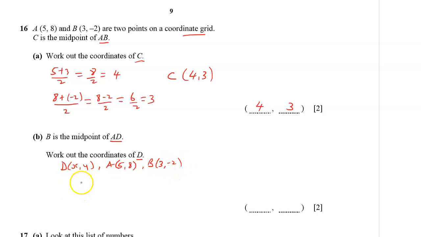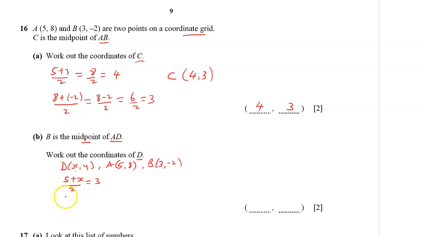And therefore, if B is the midpoint of AD, then we know that X for D plus 5 divided by 2 should give us 3. So 5 plus X divided by 2 is equal to 3.